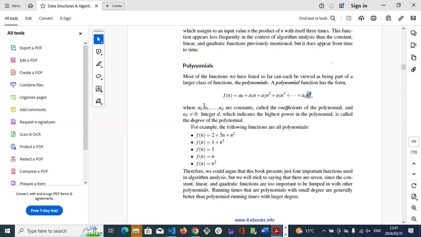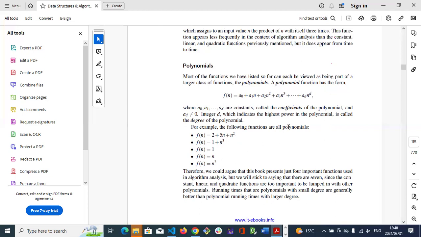We combine all the previously mentioned functions, where a sub 0, a sub 1, up to a sub d are constants called the coefficients of the polynomial, and a sub d is not equal to 0. The integer d, which indicates the highest power in the polynomial, is called the degree of the polynomial.